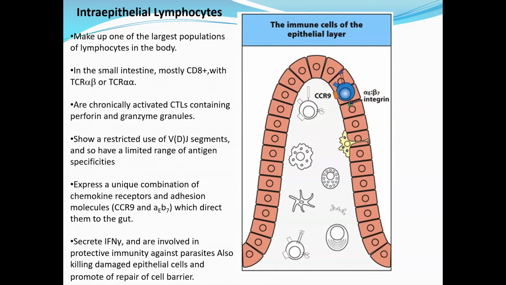These intraepithelial cells originate from the circulating lymph, but once through various signals, they change their chemokine receptor expression such that they no longer circulate through the body lymphatics going from one lymph node to another, but they will then be directly homed to the gut tissue and also into the epithelial barrier.